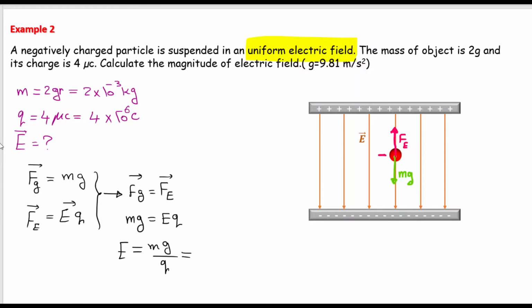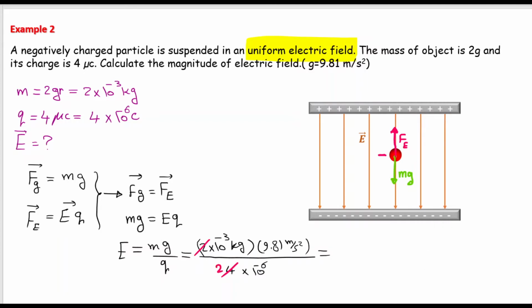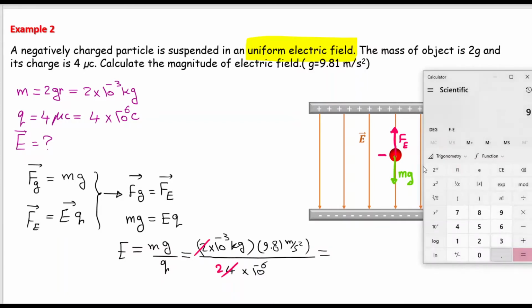Let's plug in the numbers. Mass is 2 times 10 to the power negative 3 kilogram. Gravity is 9.81 meter per square second. And Q is just 4 times 10 to the power negative 6. If I do the calculations, this 2 and this 4 can be cancelled out, and I will have just a 2 here. So there's 9.81 divided by 2.